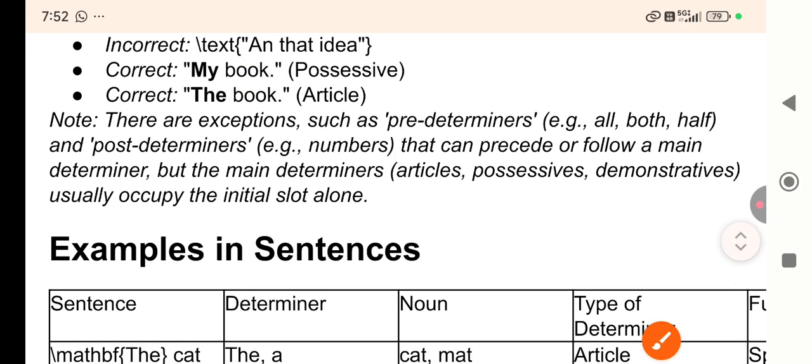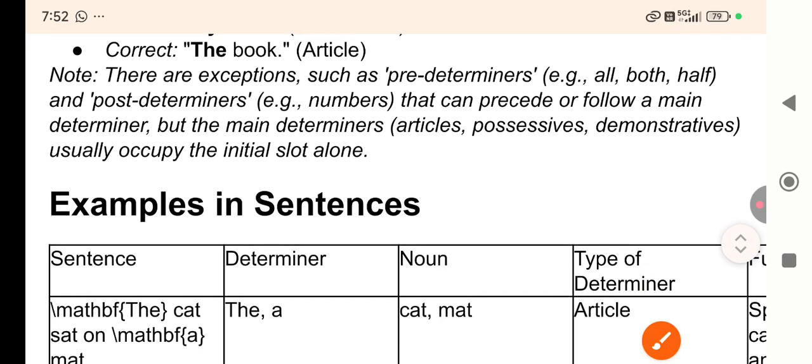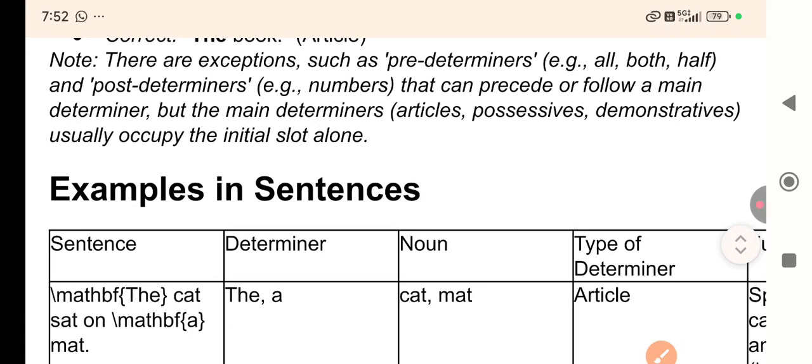Okay, note there are exceptions such as predeterminers, for example all, both, half, and postdeterminers, numbers that can precede or follow a main determiner.